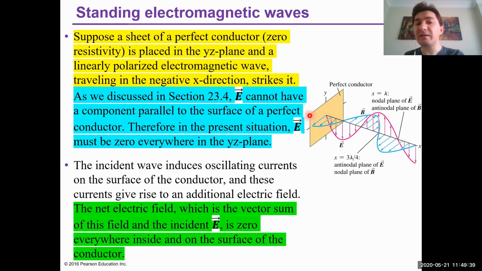Since the electric field on the surface of the conductor is zero, the superposition of the electric field of the incident wave and the electric field produced on the conductor will be zero, okay? Because the electric field parallel to the perfect conductor must be zero, as we know from chapter 23.